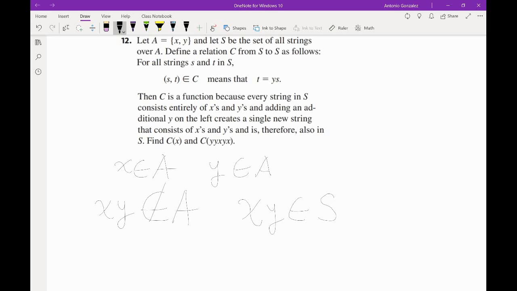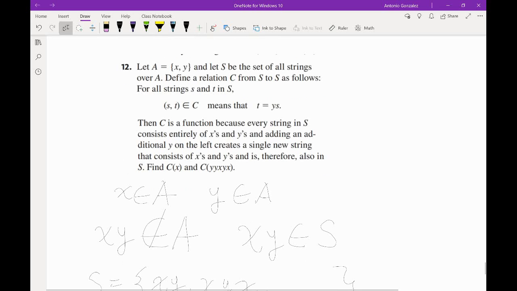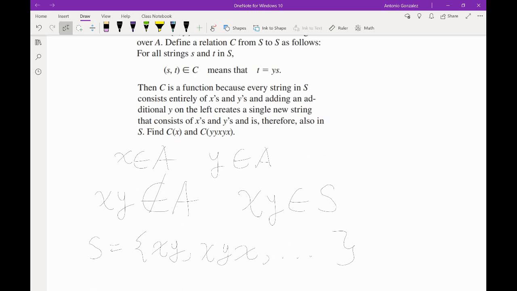So the set S would involve strings of any length, as long as they contain only X's and Y's.